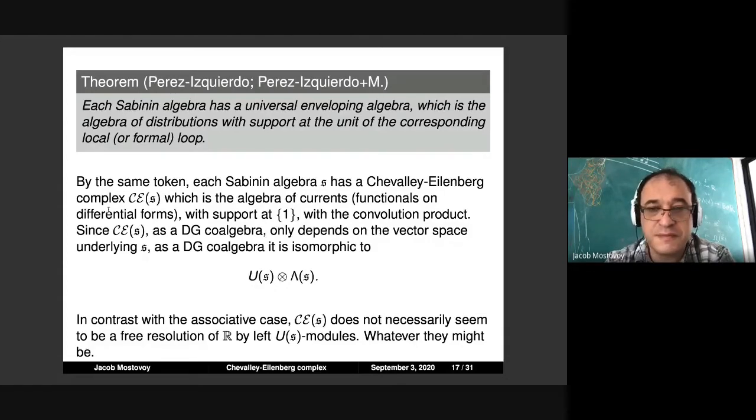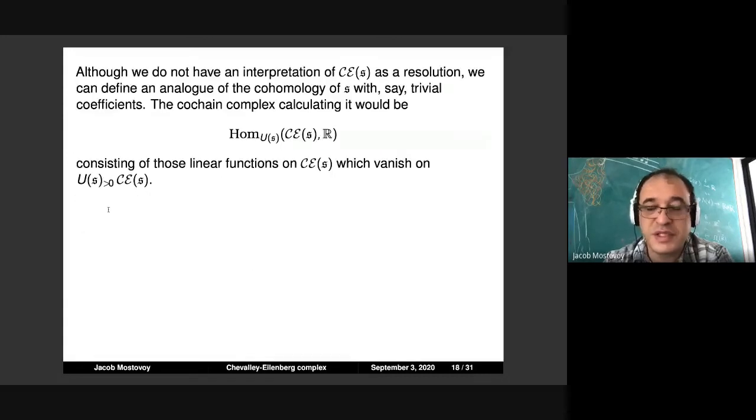So we have the Chevalley-Eilenberg complex, which is not a resolution, but still, nobody prohibits us from using it to try to define some cohomology. Let us consider the space of maps from the Chevalley-Eilenberg complex to the real numbers.